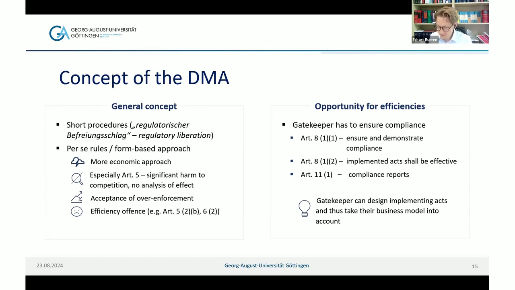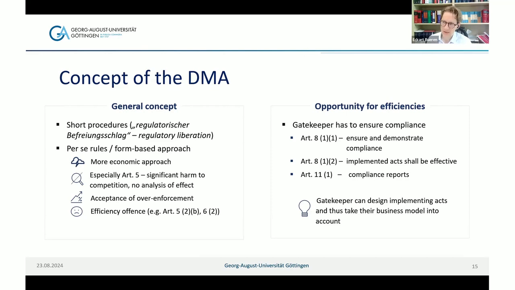On the other hand, this also has disadvantages because the gatekeepers could also try to just follow the wording, but not the spirit of the DMA. And then we have the next problem with this circumvention. That you could just follow the DMA on paper, but try to somehow undermine the effects that the DMA wants to bring about.